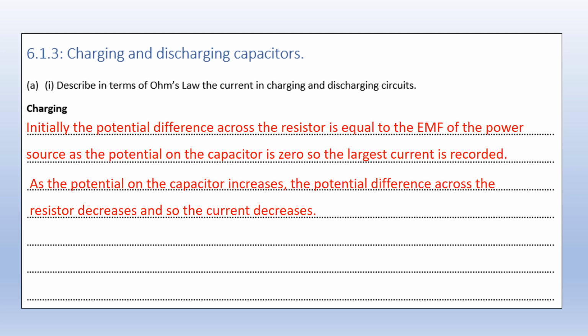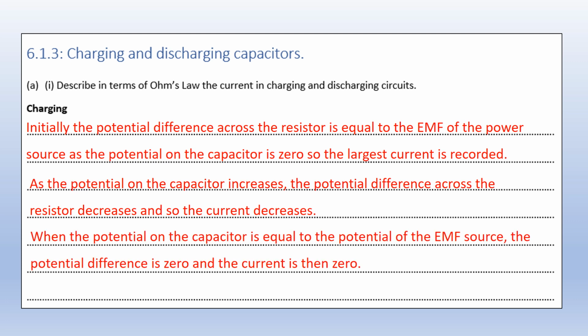As you store charge on the capacitor, its potential increases, and therefore the potential difference across any circuit resistance decreases, and so your current decreases as well. Eventually the potential difference across the capacitor is equal to the potential difference across your EMF source. Then the potential difference across the resistance would be 0, so your current is then 0.